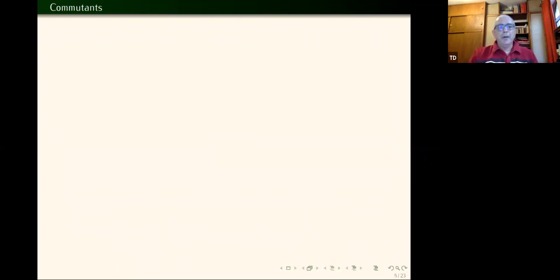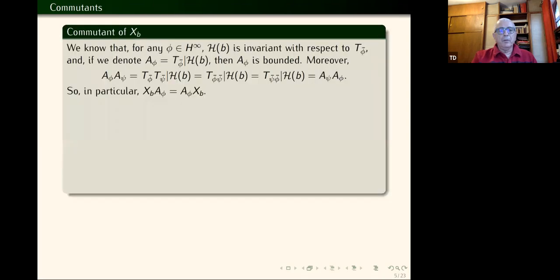Okay, now I'm passing to something else: commutants of some basic operators. First of all, I discuss the commutant of X_B. X_B is the most important operator on H(B). Sometimes it's the model operator, when B is extreme, but anyway, it's quite important.